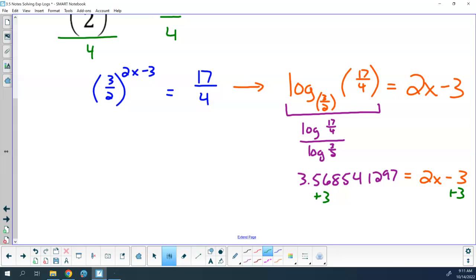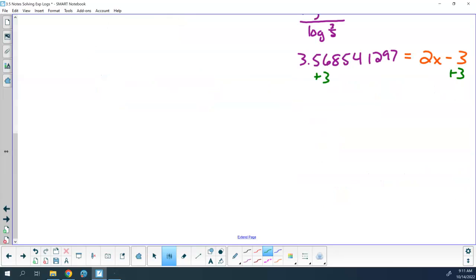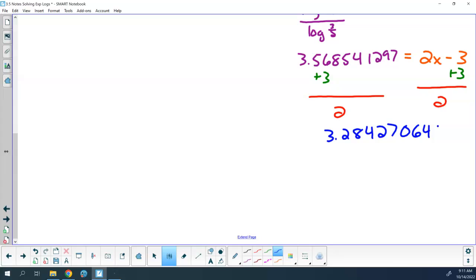Then I'm going to divide both sides by 2. Now I get 3.284270649 equals x. And so I would say here 3.284 is x.